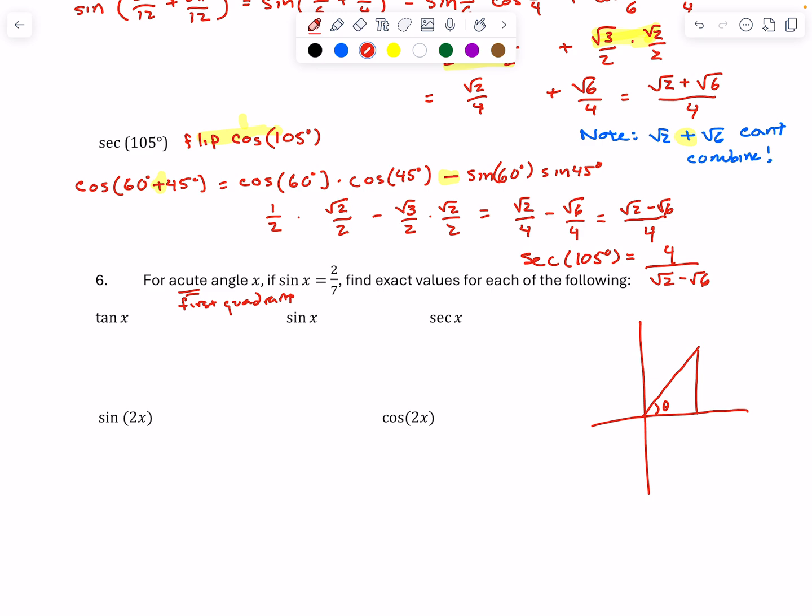Okay, so then sine is opposite over hypotenuse. It's always opposite. Sine is height, except it's not a unit circle, so 2/7, we'll put it that way. You can do 2/7 and 1, but then you're condemned to figuring out the Pythagorean theorem with fractions. This side is square root of 45 because it is square root of 7 squared minus 2 squared.